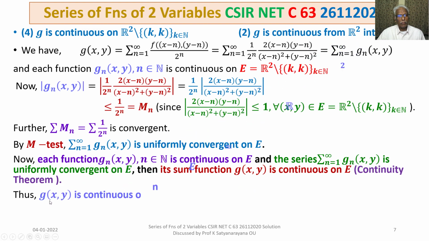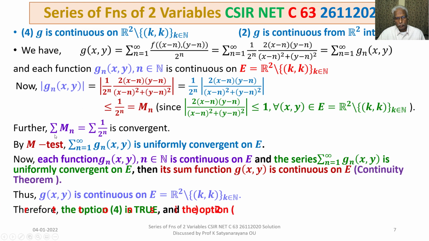Thus, g(x, y) is continuous on E, equal to R² minus the set of all ordered pairs (k, k), k belongs to N. So therefore, option 4 is true, and obviously option 2 is not true. We continue in the next slide.